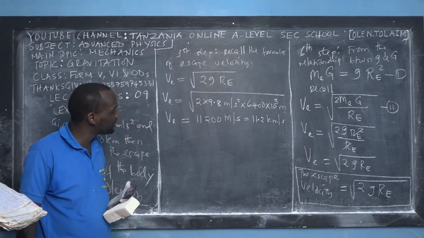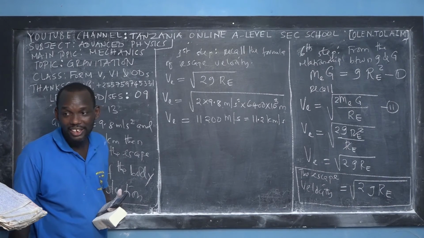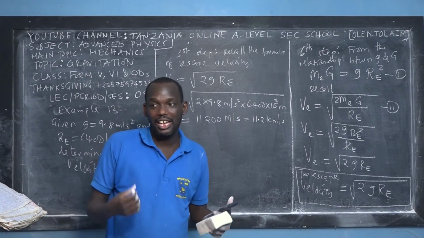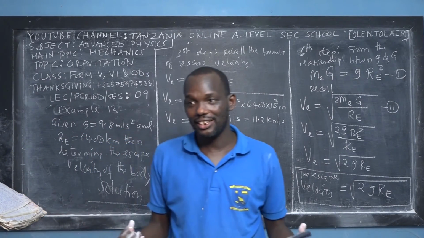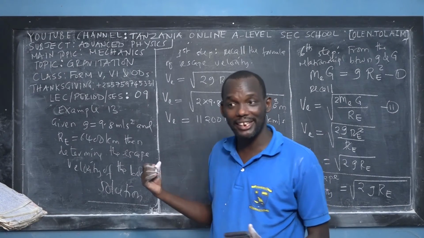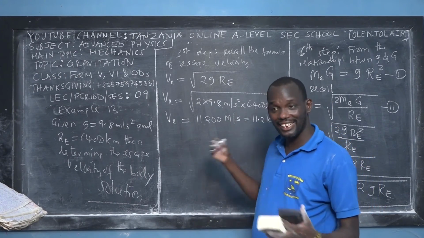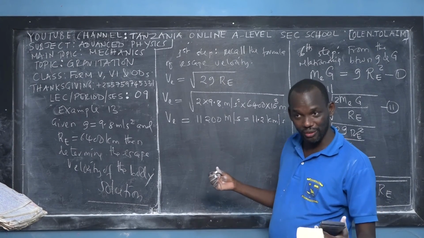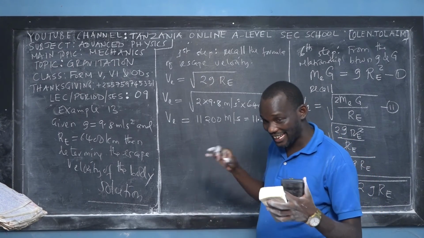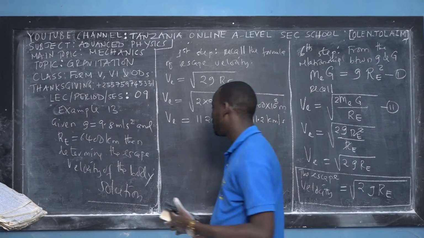Can you compare it with orbital velocity? Orbital velocity, we deduced it as 3 kilometer per second. So the escape velocity is how many times compared to that? It's more than 3 times the orbital velocity. So understand the concept that I'm speaking to you.